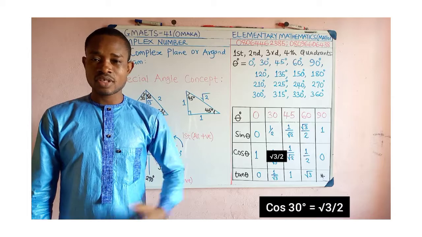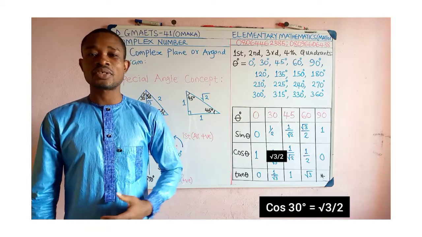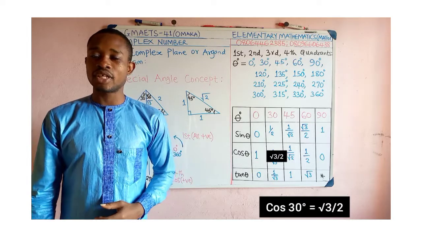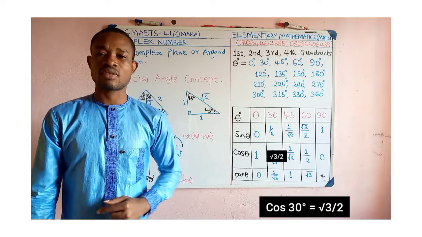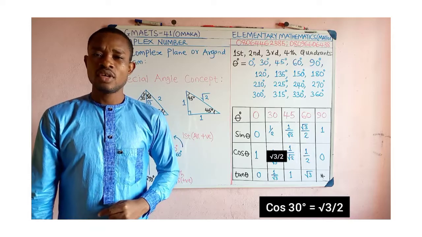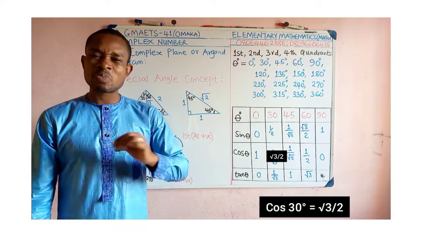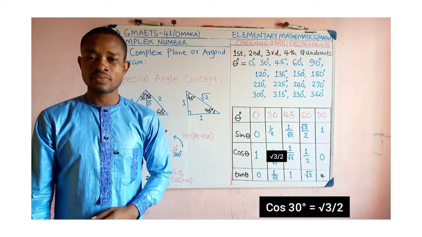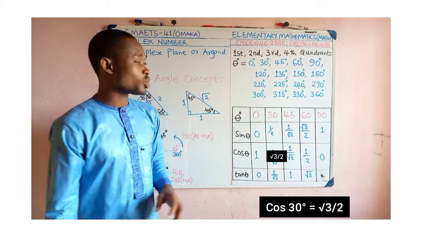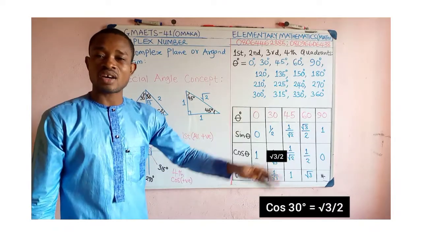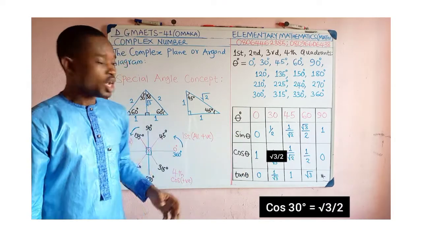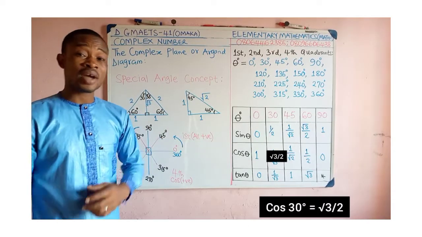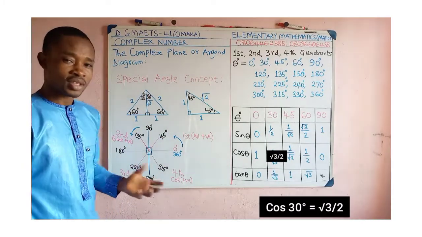In a situation where you're not allowed to use a calculator or even a 4-figure table, the examiner setting that question is expected to set it based on special angles as much as possible. Because for special angles, we can obtain their values without a calculator, without a 4-figure table. Once we have this diagram, our problem is solved. And this diagram can be memorized easily. It's not tough. Does that make sense?